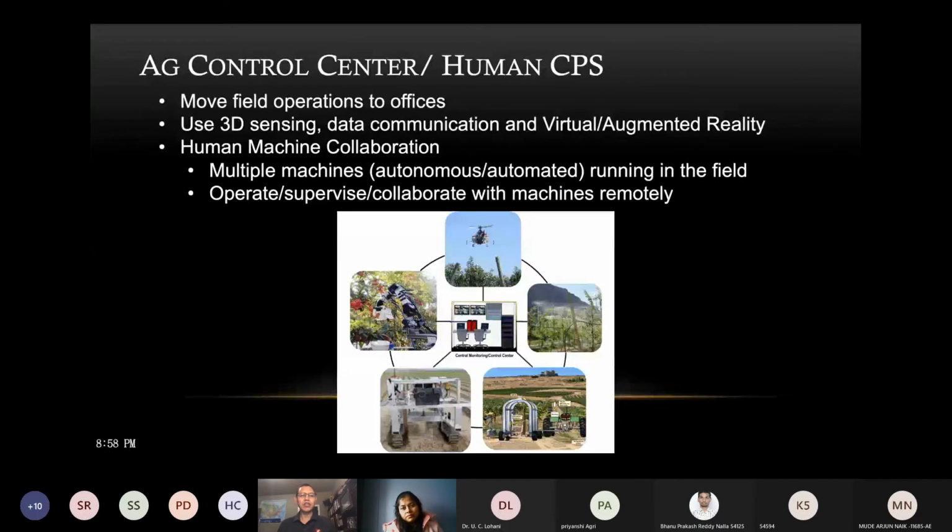Finally, agricultural control center is a concept I believe we need to move on to in a relatively longer term future, where most of the field operations are automated and we have people supervising these machines, operating them, maintaining them remotely, as I discussed in this slide here.